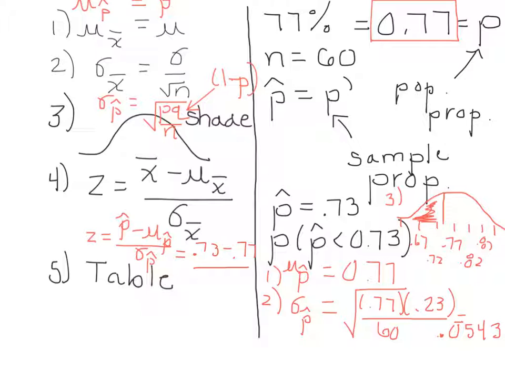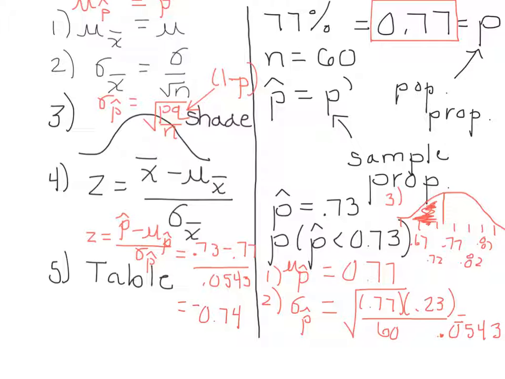And the standard error of all p hats we calculated was 0.0543. When we plug that into our calculator, we should get a z-score of negative 0.74, if you round it to the nearest hundredth, as we know our table requires. So we are almost 3/4 of a standard deviation below the mean, which looks reasonable given our sketch here.